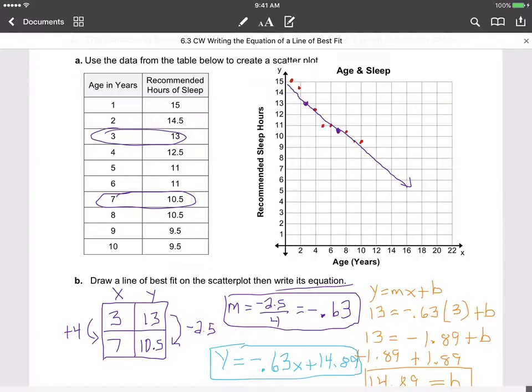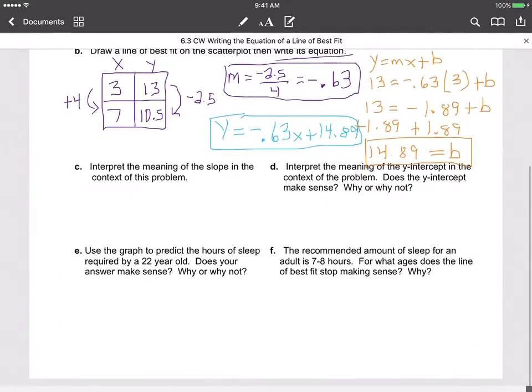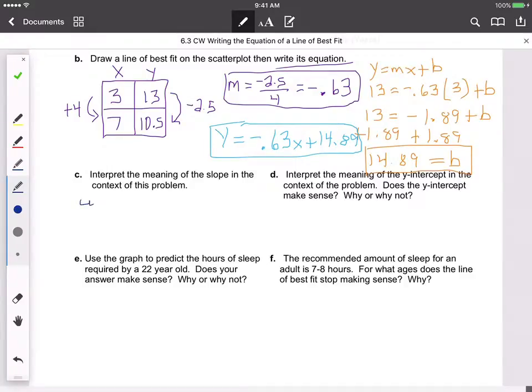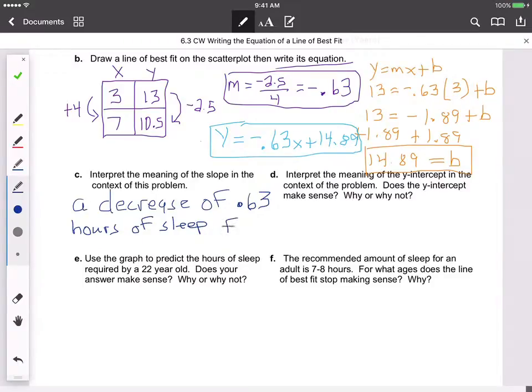So if we go back and we know that y is hours of sleep and x is age in years, that must mean a decrease of 0.63 hours of sleep for each additional year.